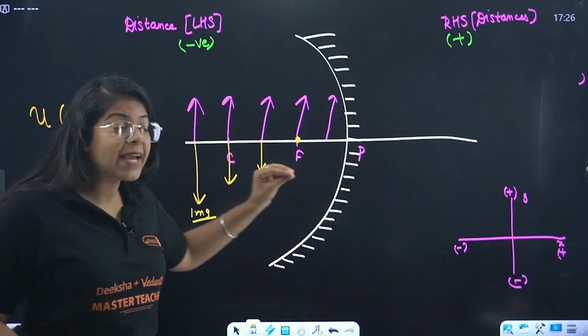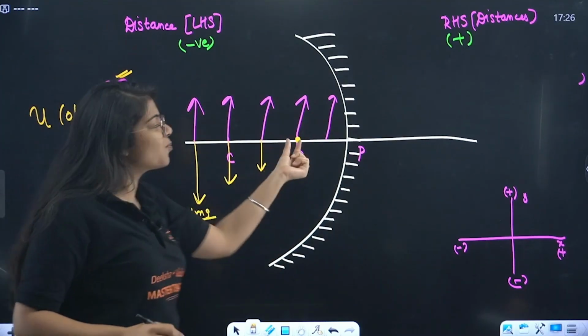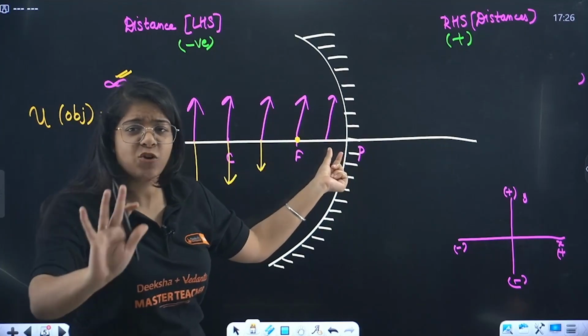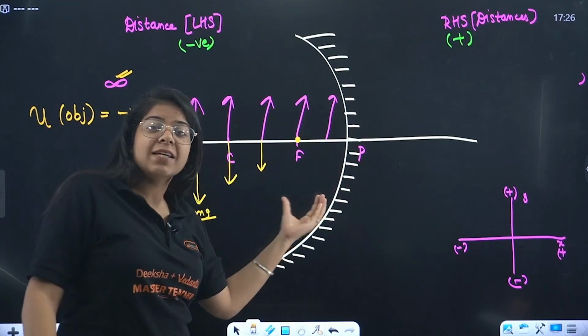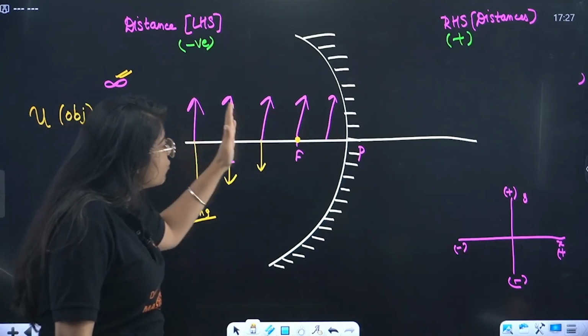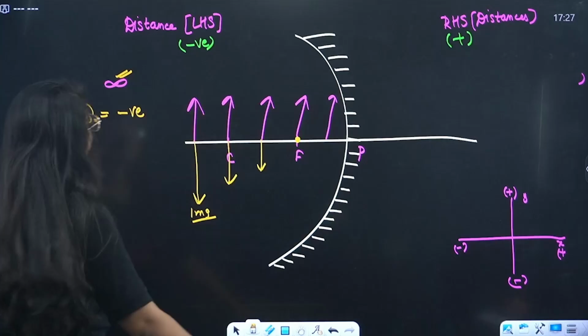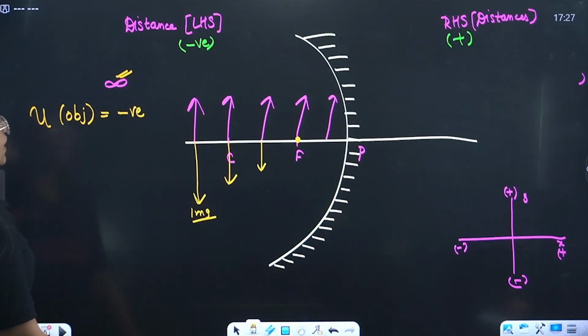Understood? How do you remember this? When your object was at infinity, the image is point sized. That you can remember. From there, the size of the image slightly increases as the object moves towards the concave mirror. Done? Understood? Okay, great.